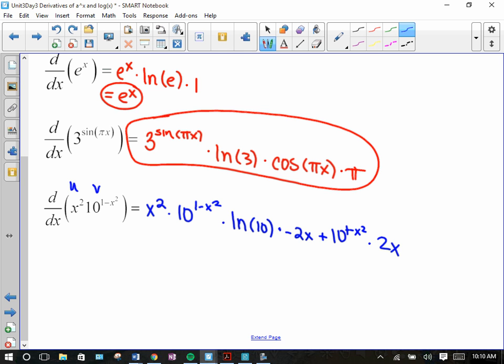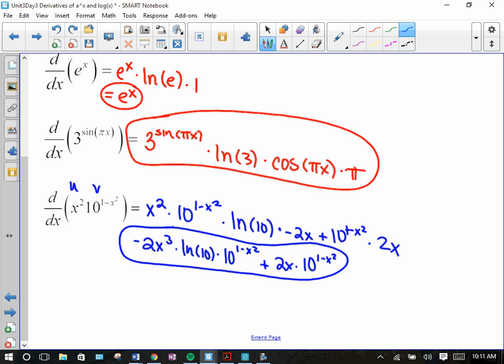I get negative 2x cubed times natural log of 10 times 10 to the 1 minus x squared power, plus 2x times 10 to the 1 minus x squared power. I could simplify it somehow.